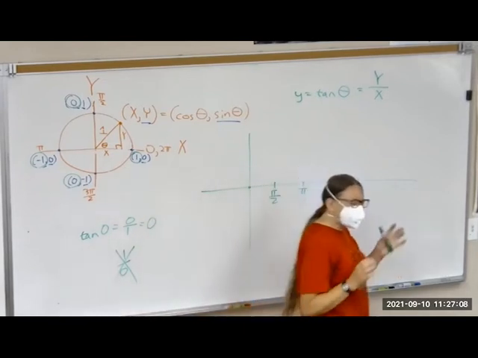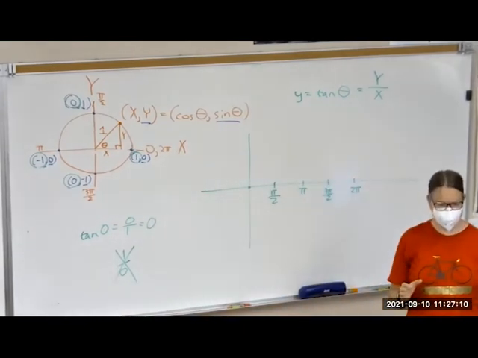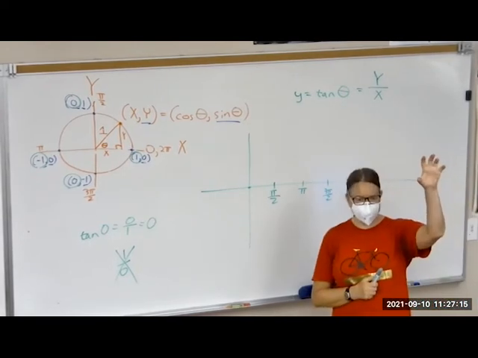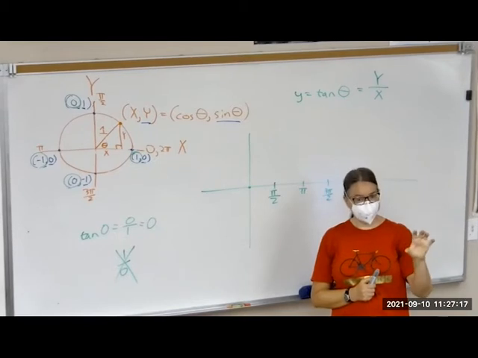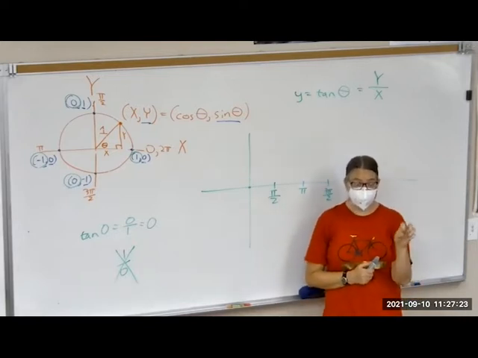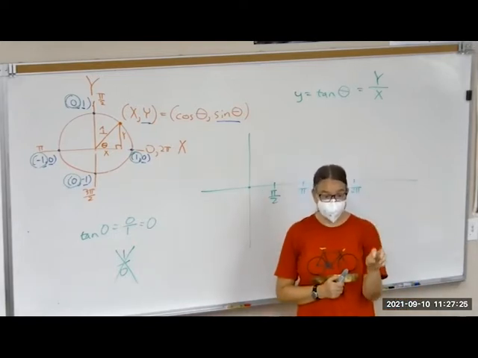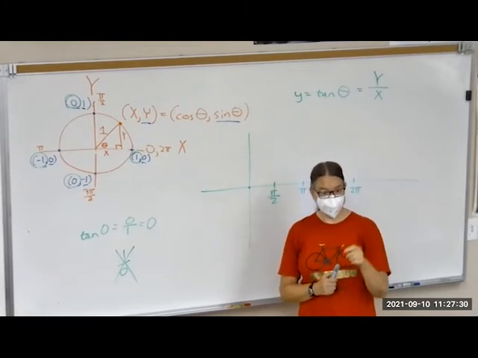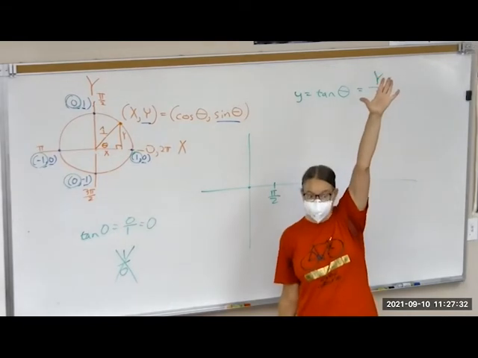So close to pi over 2, I'm getting a fraction where the top is close to 1 and the bottom is close to 0, meaning that the bottom is really, really small. Now, what happens when you divide by something really, really small? Really big? You get something really, really big.